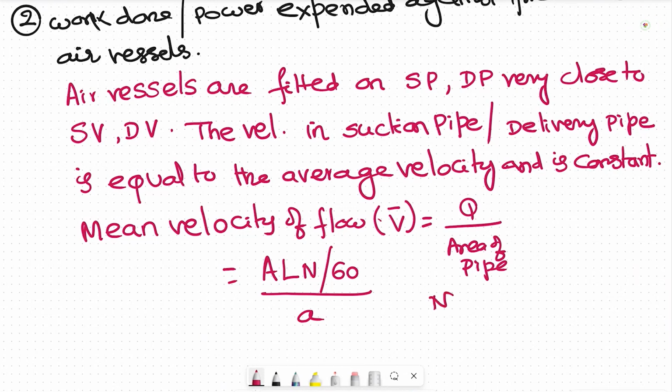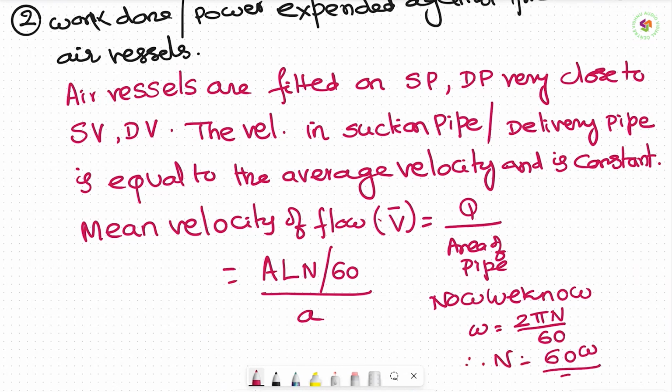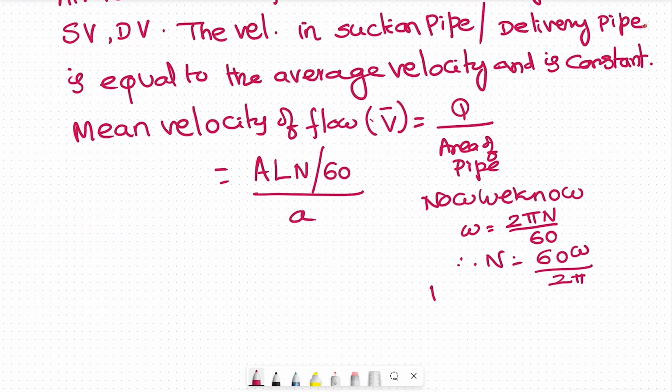Now we know omega is equal to 2 pi N by 60. Therefore, N is equal to 60 omega by 2 pi.